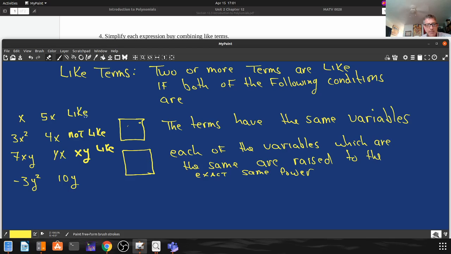One last example: minus 3y squared and 10y. Well, they have the same variable because they're terms in the variable y, but they're not raised to the same power, so this is not like. So like, not like, not like.